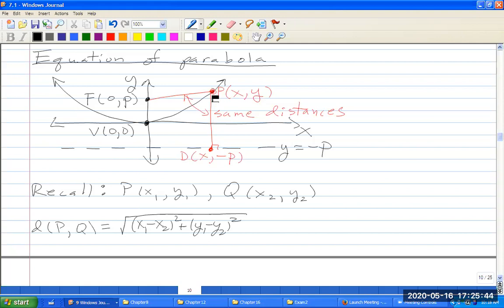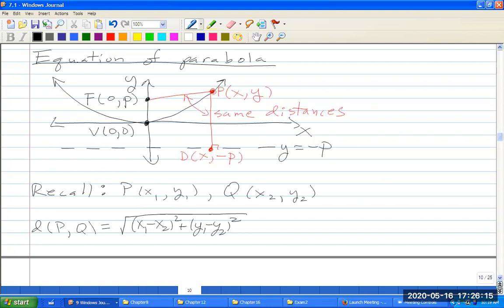In this case, that means it's going to be parallel to the y-axis, perpendicular to the directrix, meaning that it'll have the same x coordinate as the point. So the point on the directrix closest to the point P has the coordinates (x, negative p). And so the distance between these is determined by these two points, and we want these two distances to be the same.